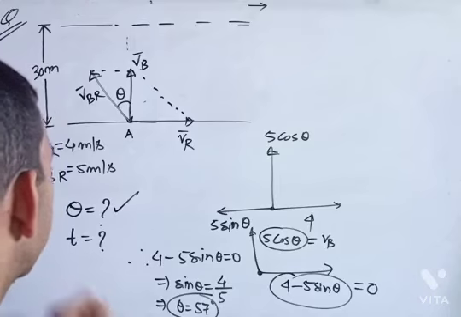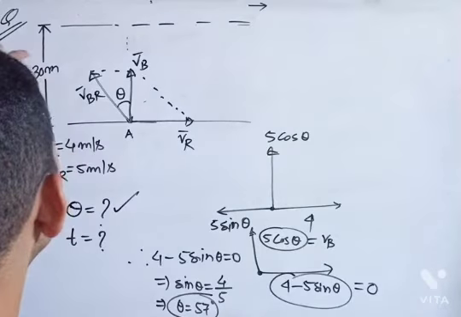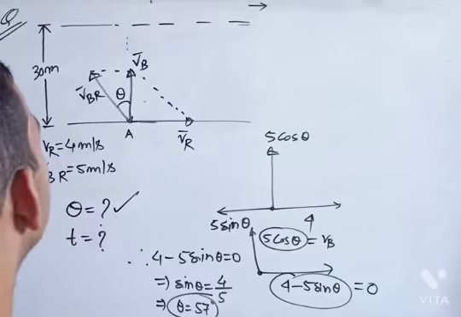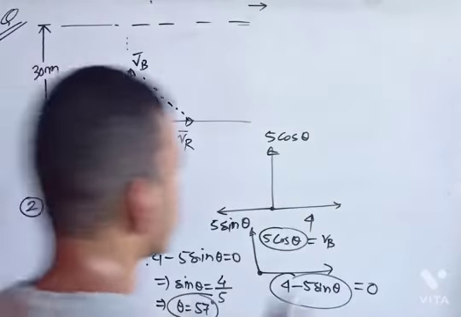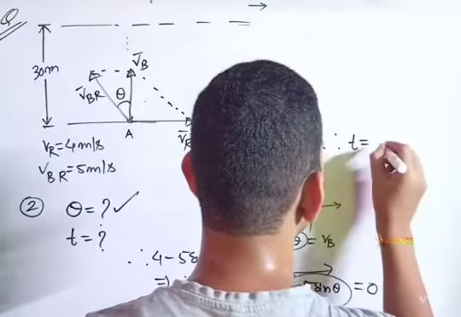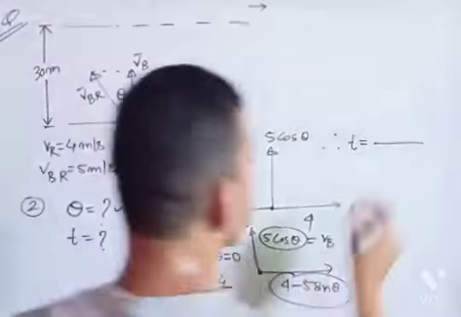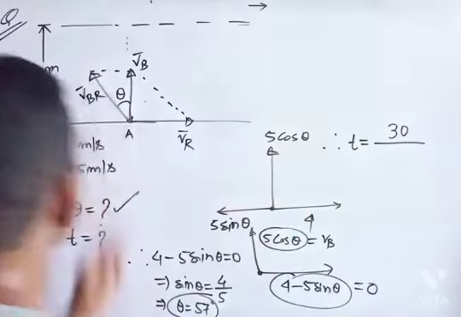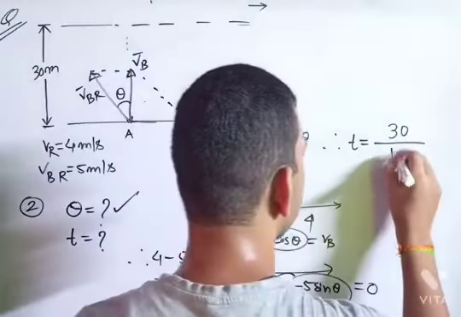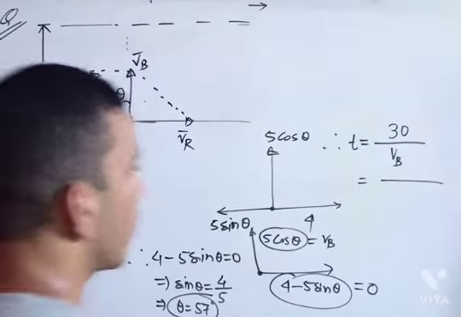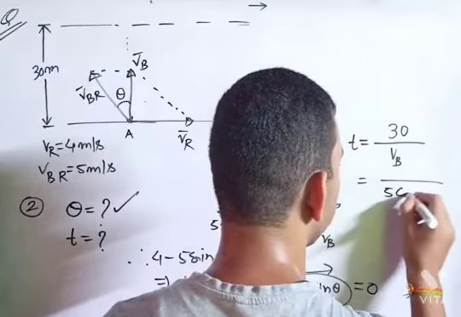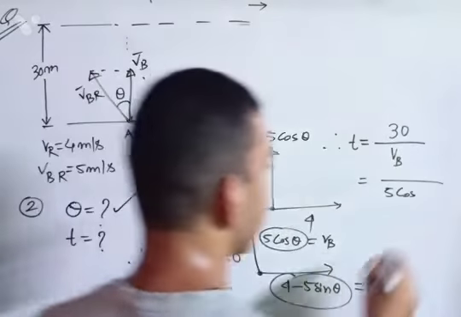Now we have to find the required time. We know this is 30 meter. If we know the magnitude of the speed VB, then it is easy. So we can write the required time is basically this distance, which is 30 meter, divided by this speed VB. Here VB we can see is 5 cos theta, so we can write 5 cos of 57 degree.